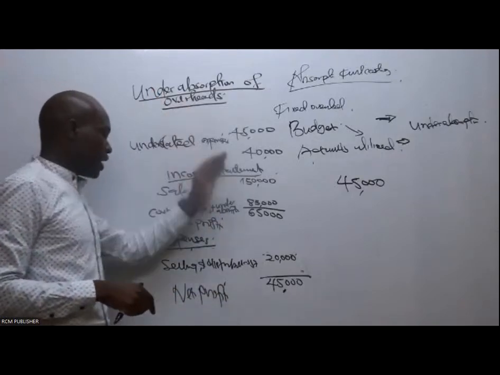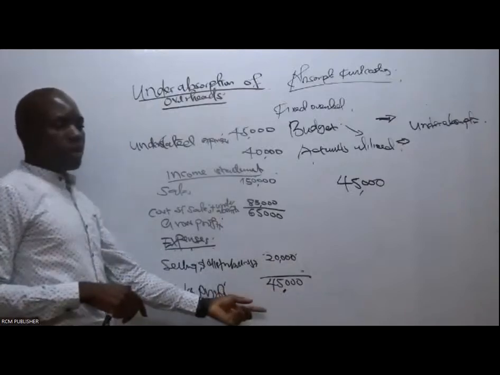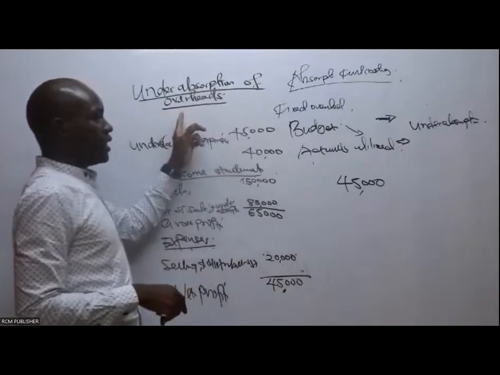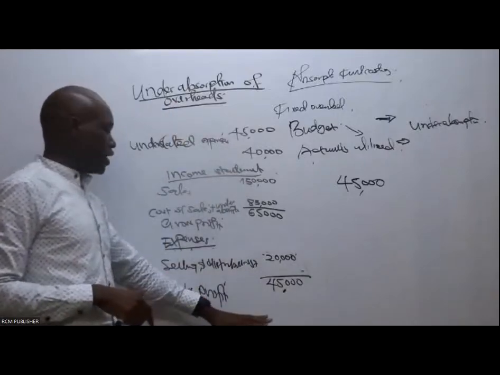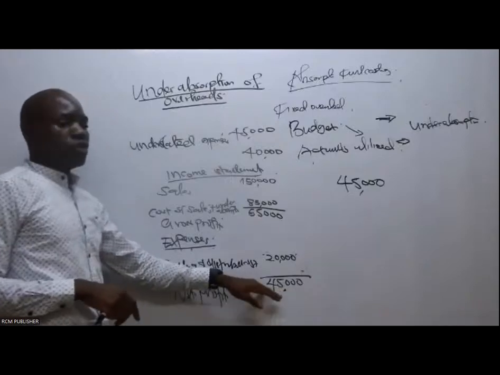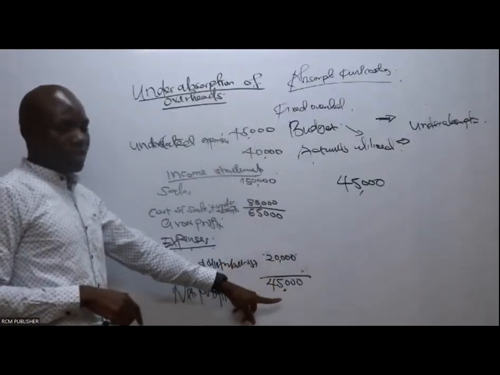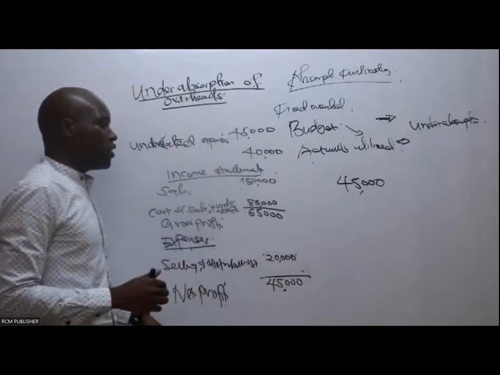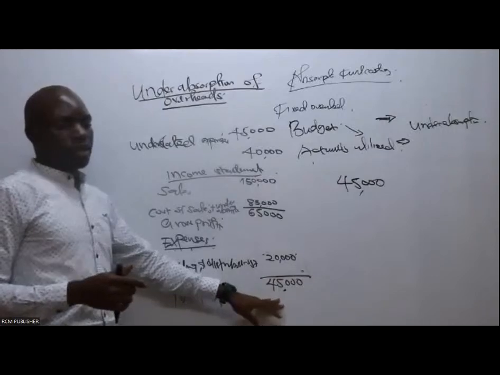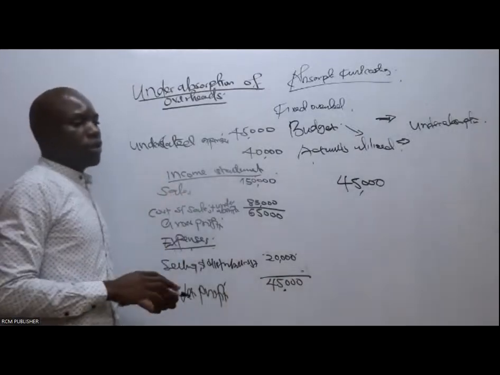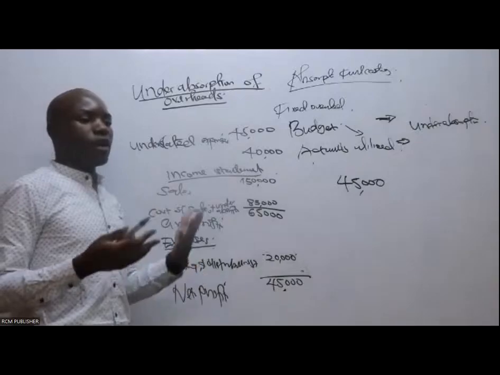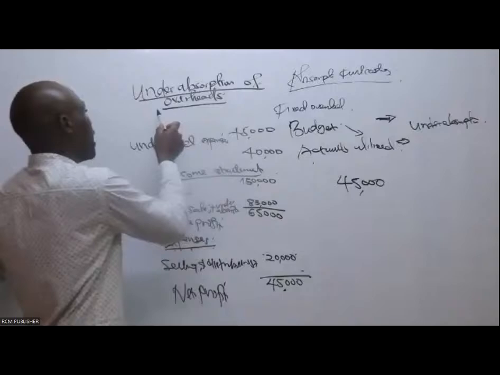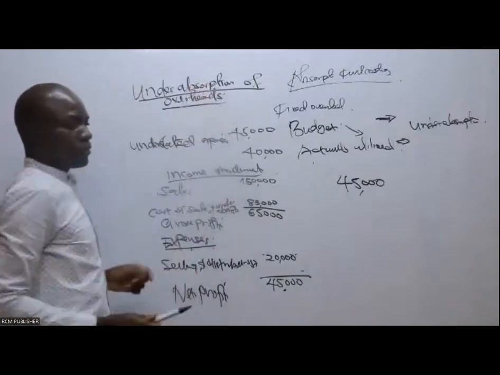But if it was already calculated up to this point, you just know where to put it. If they bring you a question under this, they will not calculate this one. You will calculate it by yourself so that you know how to rectify the mistake. But if it is given, just deduct it or put it at the right place and you get your marks. So as we move forward, every one of us has now seen how to treat the under absorption of overheads.